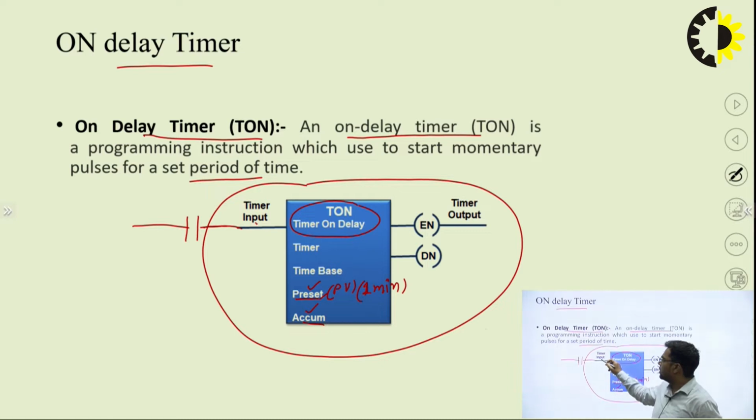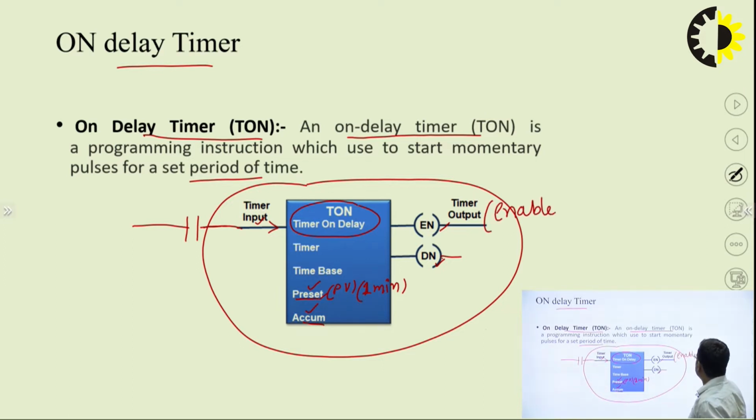This timer input can be given with any kind of sensor, any kind of push button, or any selector switch. As we give input to the system, two blocks are shown here, the EN block and the DN block. EN stands for enable bit and DN stands for done bit.